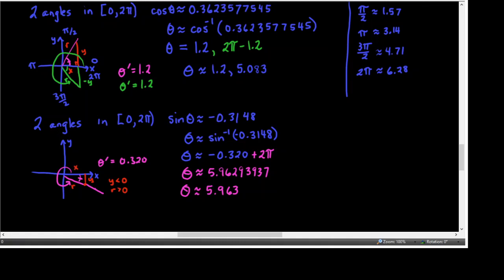So what else could I draw? Well, if you're thinking about it correctly, you'll realize, I hope, that if you use the opposite x, you'll get the same negative y and the same r. So what we want is this angle. The reference angle here is still the 0.320.